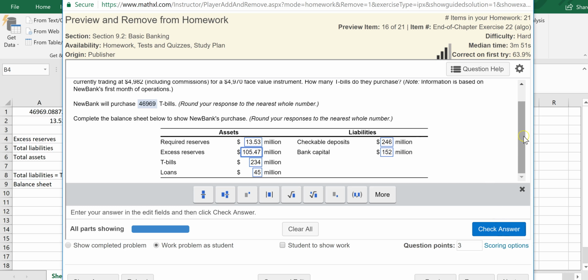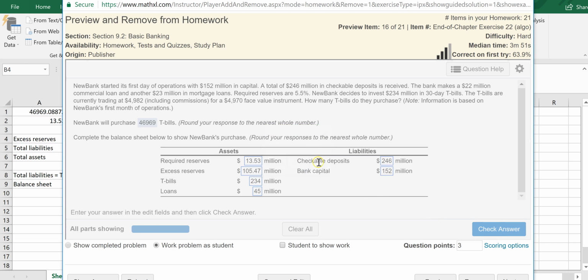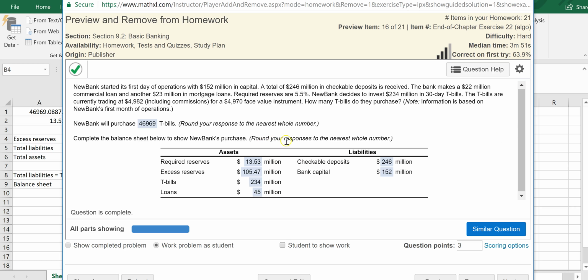All right, so check my answer. Fantastic. And round the responses to the nearest whole number. Here actually you don't have to keep two decimal places, even though I did, and you can see that it's still marked as correct.